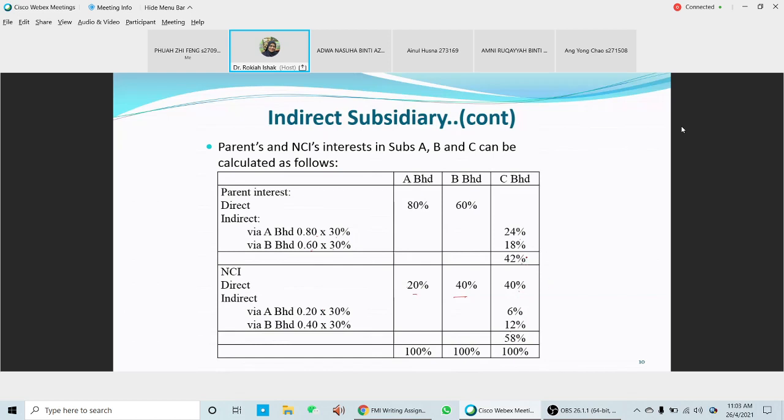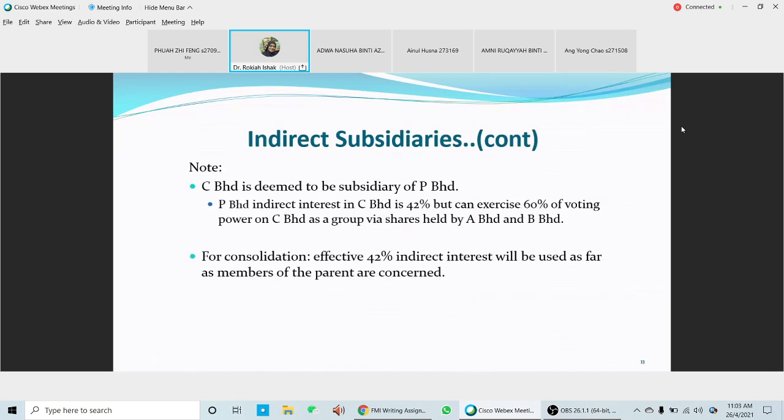If you look at here, the total shares that parent has is only 42% indirectly, but parents can still control C through B. C is deemed to be a subsidiary of P. Even though P has an indirect interest in C of only 42%, it can exercise about 60% voting power of C as a group via shares held by A and B. A has 30% in C and B also has 30% in C, so altogether they have 60%.